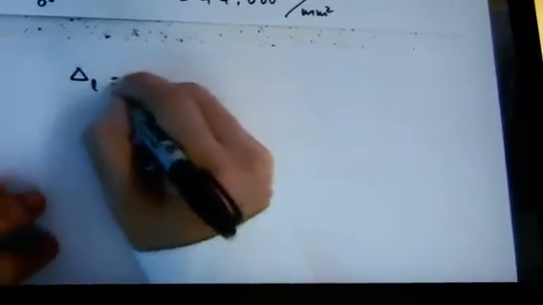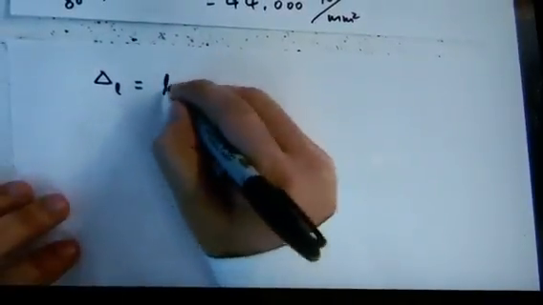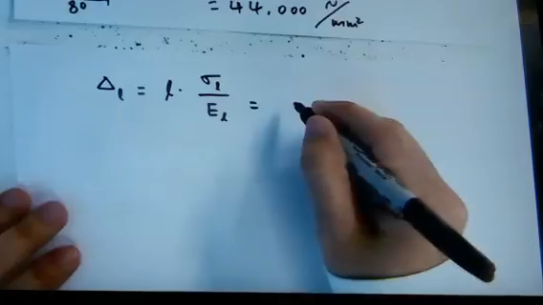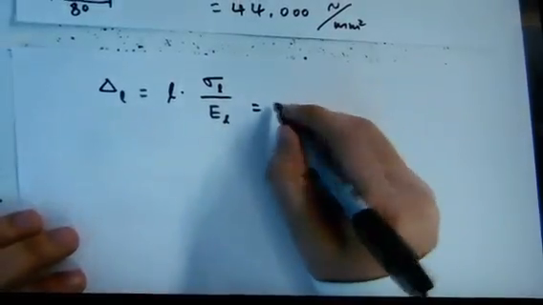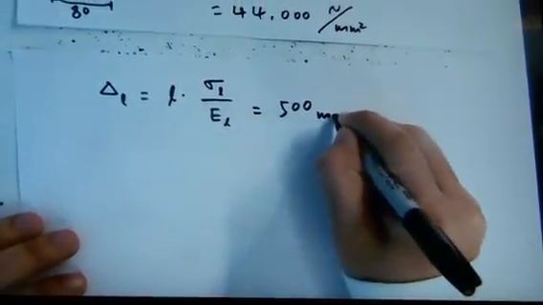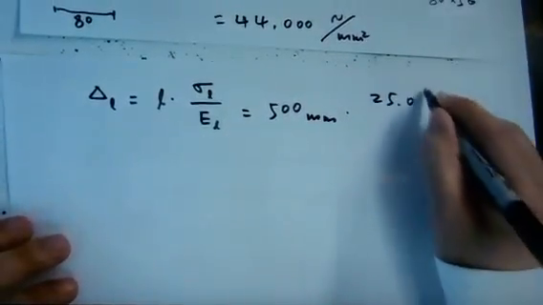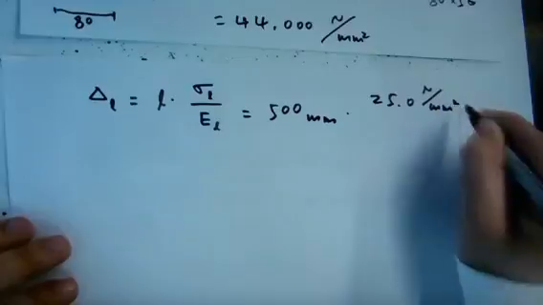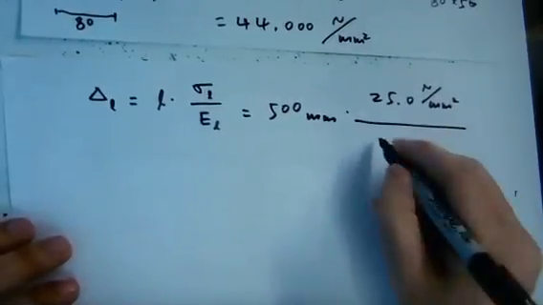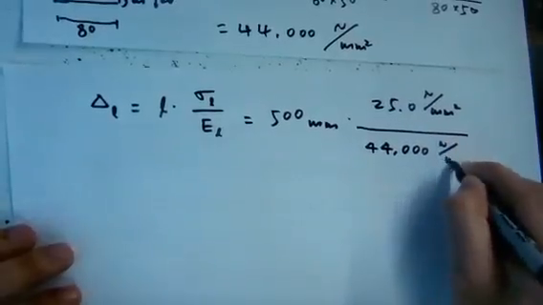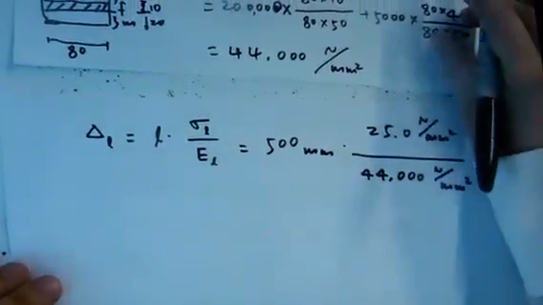Then you can calculate delta L. Okay? Delta L equals sigma L times L over EL. L is the original length, 500 millimeter, and the sigma L you already calculated is 25 Newton per millimeter square, and EL is 44,000 Newton per millimeter square.